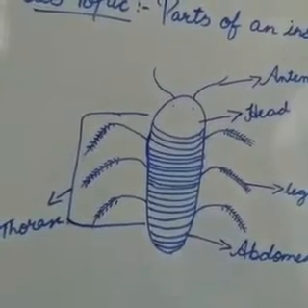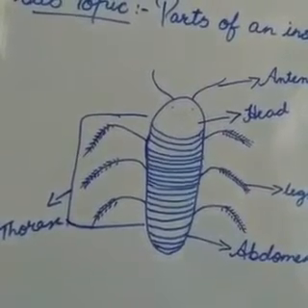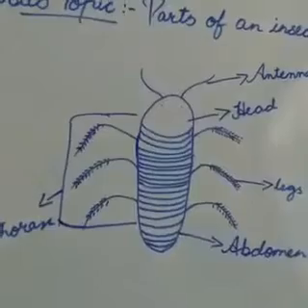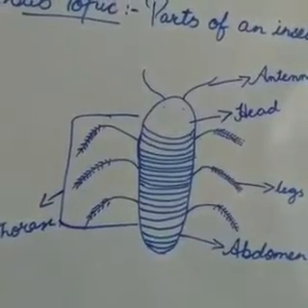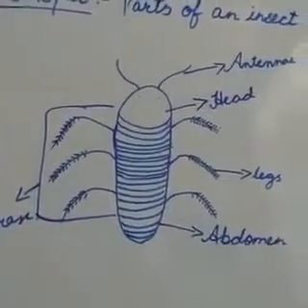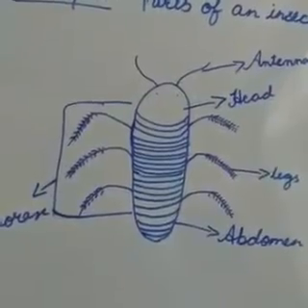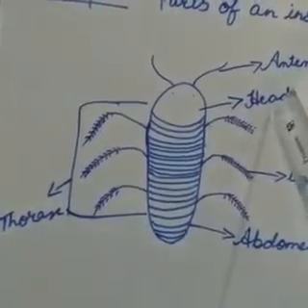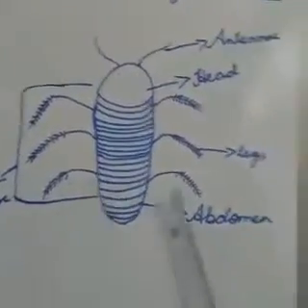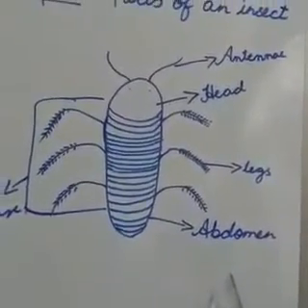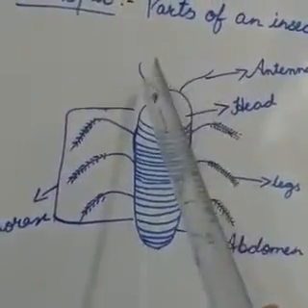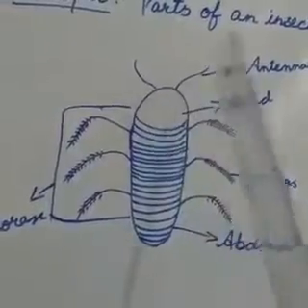In fact, they have a hard outer shell present on their body, which is called the chitin. An insect's body is divided into three main parts: head, thorax, and the abdomen. An insect also has a pair of antennae present in the head.